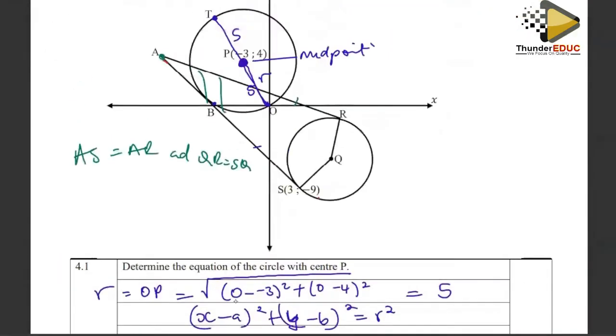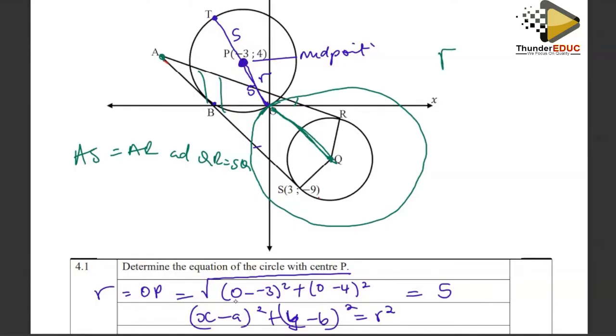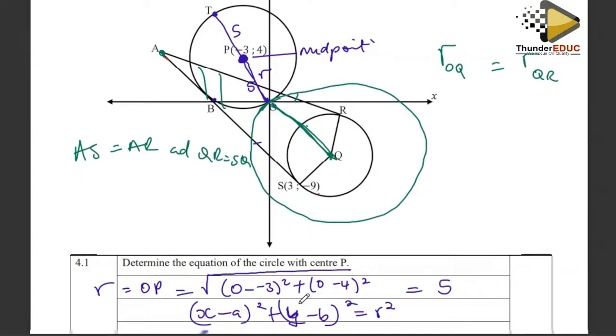So for it to touch once, the distance OQ is what we're going to be looking at. Let's get our radius OQ and then compare it to the radius QR, and then we see how many times.